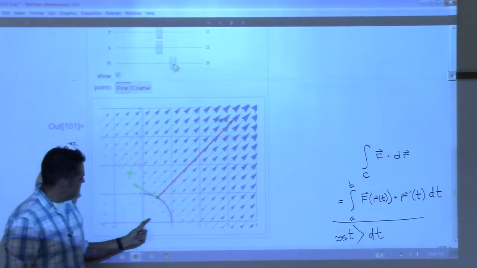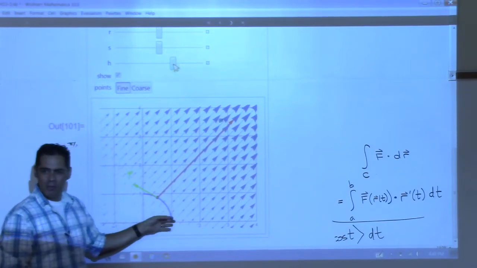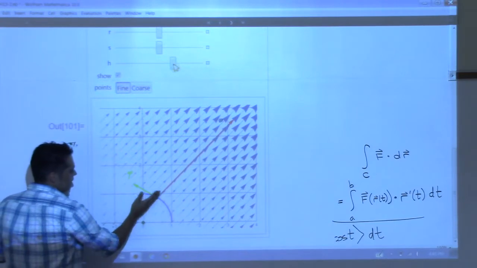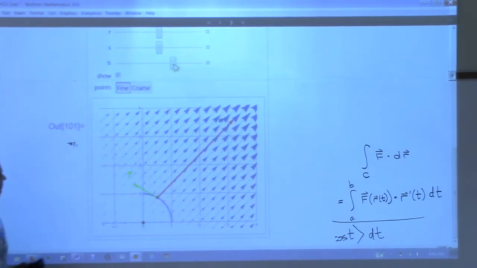You would think it would have to be in the middle here, wouldn't you? Or no? Yeah, because the field itself is not necessarily linear like that. It might be doing something more over here than it was here. So it's hard to tell. You have to trust the math, all right?